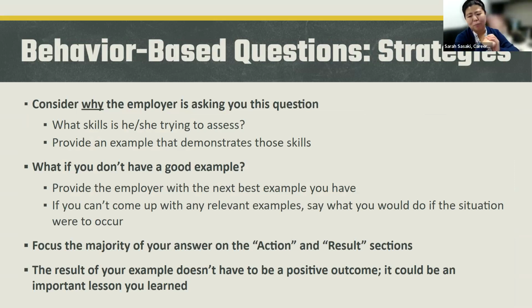And if you don't have a good example, like let's say the situation never happened to you, you could let them know, and say what you would do if the situation were to occur. For this question, we're really honing in on that action and result, because that shows how you addressed it, what you did, and also how it ended as well. And so again, just some good takeaways for these kinds of questions that they do ask.